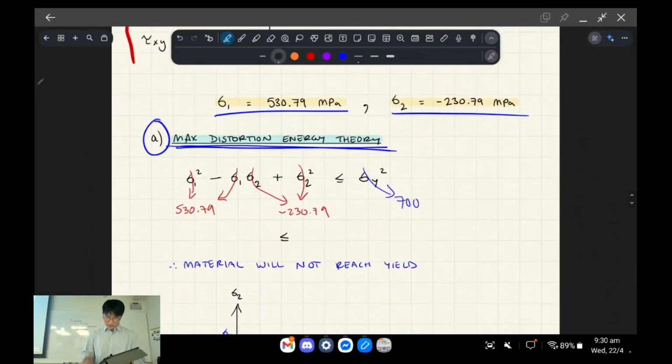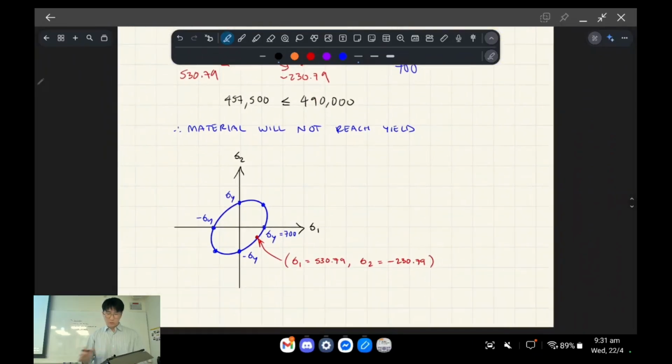You basically see, once you compute the left-hand side and the right-hand side, that the left-hand side is less than the right-hand side. And in terms of where it sits on our failure envelope, it's contained within that oval. So therefore it won't yield. Does that make sense? Yeah.